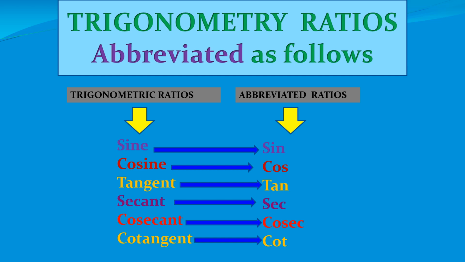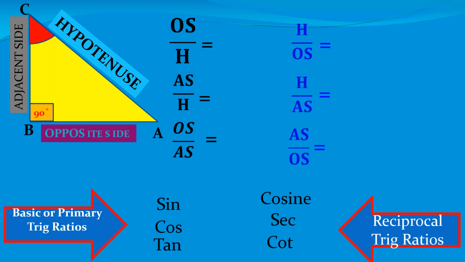Hence now we use sin, cos, tan, sec, cosec, cot only. Among the 6, sin, cos, tan are called basic or primary trigonometric ratios, and cosec, sec, cot are called reciprocal trigonometric ratios.